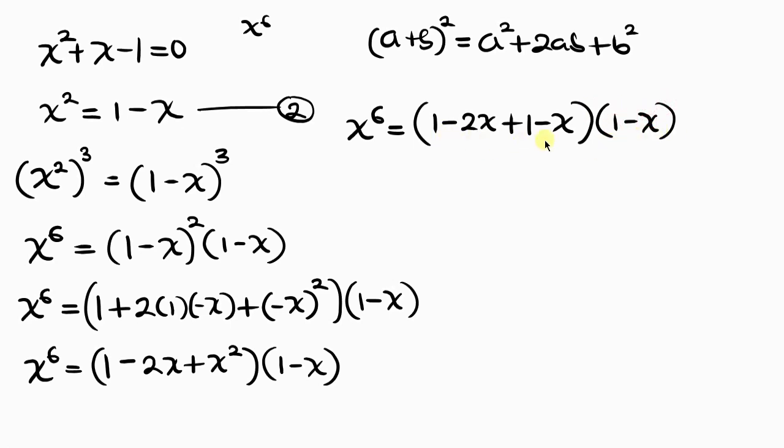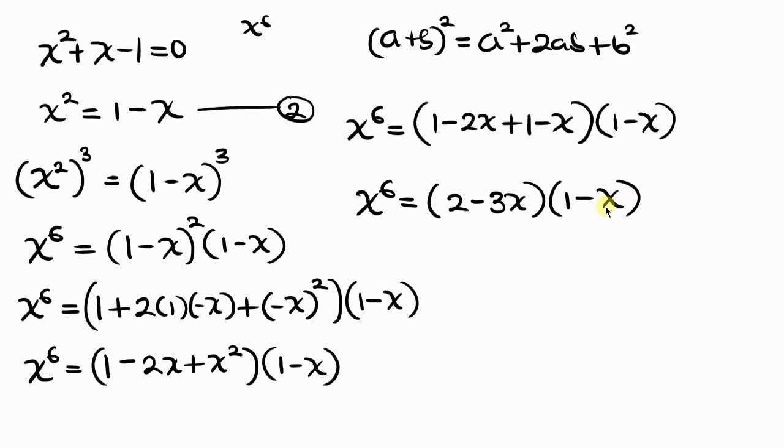So let's simplify this expression inside of this parenthesis. So we have x to the 6 to be equal to, now 1 plus 1 is 2. And negative 2x, negative x gives negative 3x, times 1 minus x.